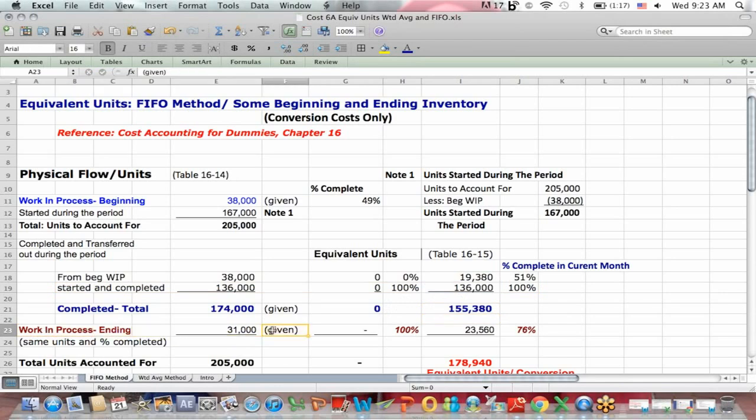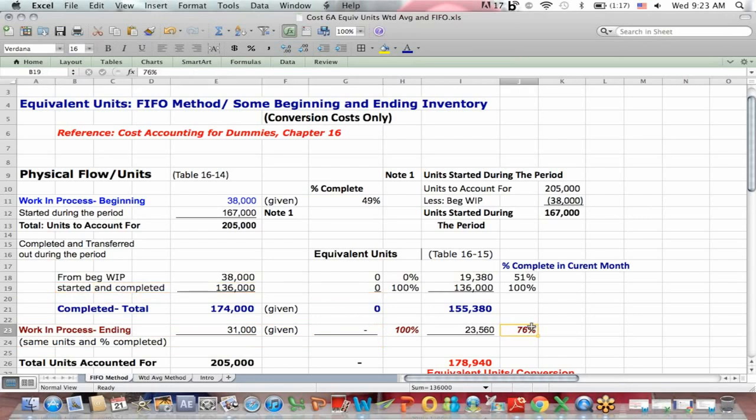Work in process ending, we're told in the question that those units are 76% complete. And again, that's during this period, because it's assumed that the beginning work in process is gone. That means that the ending work in process units must have been started during the period.